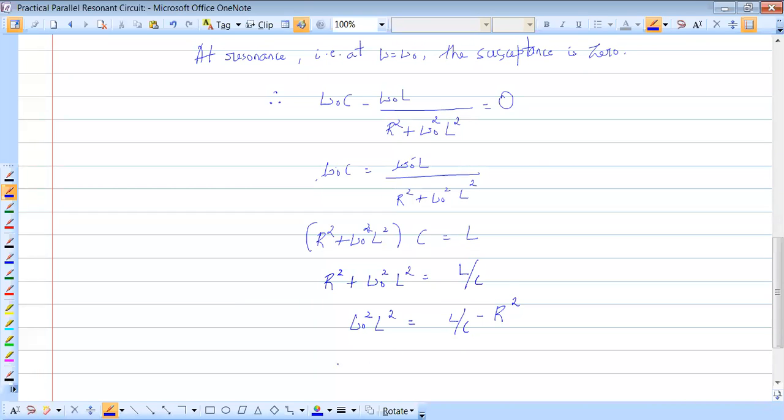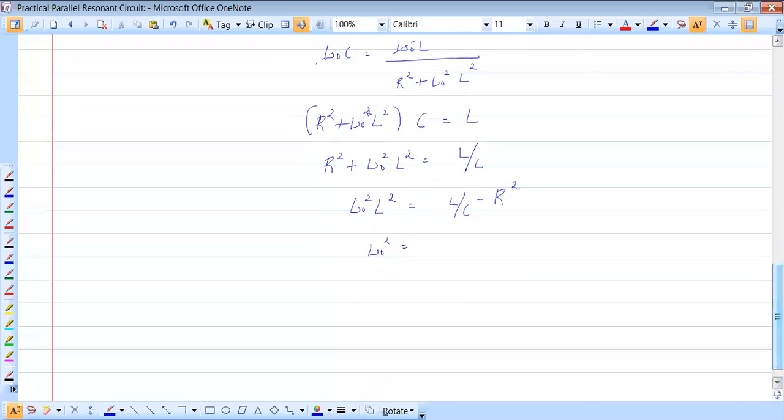Then this implies that our omega naught square would be what? Yeah, quite simple stuff. So what we would have here, L square, if it comes on the denominator of the right hand side, you will have 1 by LC minus R square divided by L square.